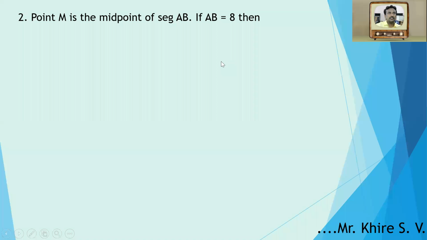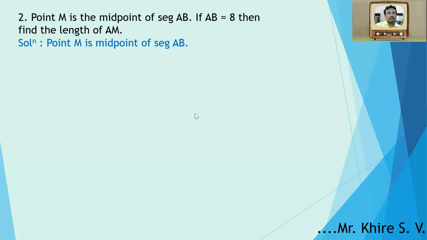Second question in that is, point M is the midpoint of segment AB. If AB is equal to 8, then find the length of AM. Now point M is the midpoint of segment AB, and it is A-M-B, meaning point M lies in between point A and point B. Therefore AM is equal to MB, meaning AM is half of AB.